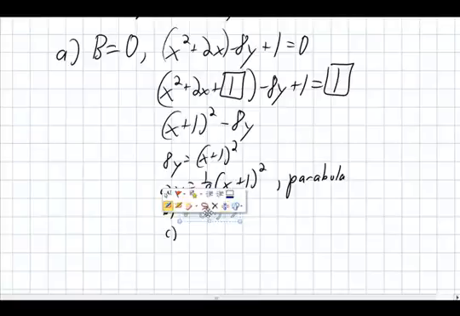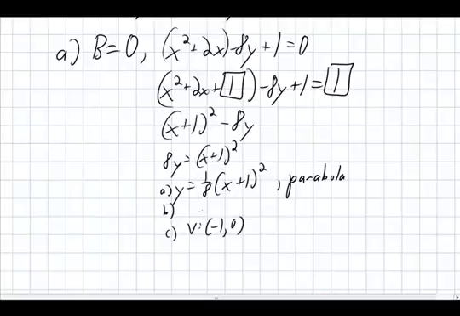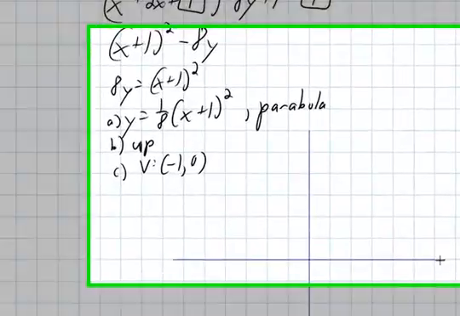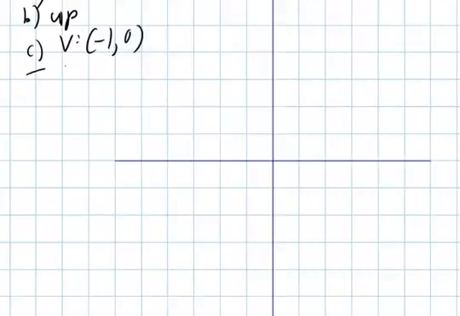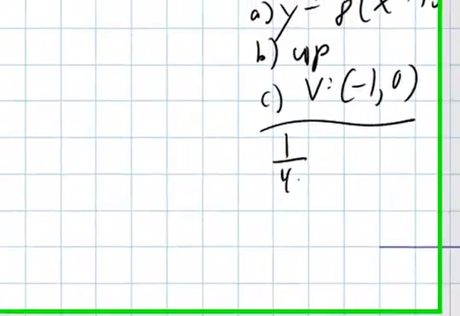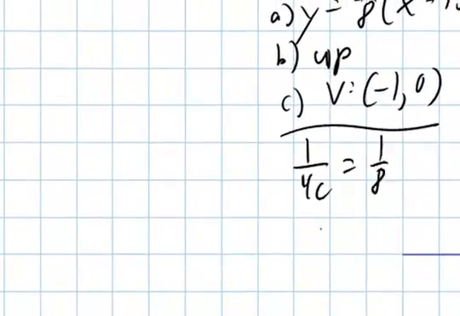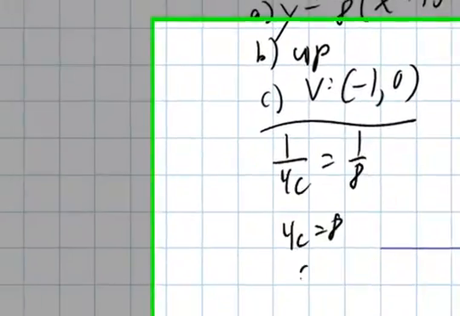Should move that down to part c because this is an upward shaped parabola. If we put that on a graph, we start doing what our c value is. We have 1 over 4c is equal to 1/8, or 4c is equal to 8, or c is equal to 2.